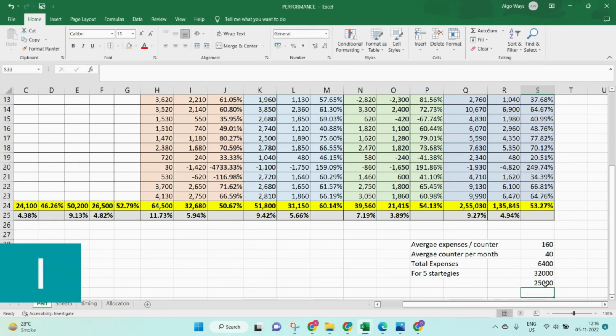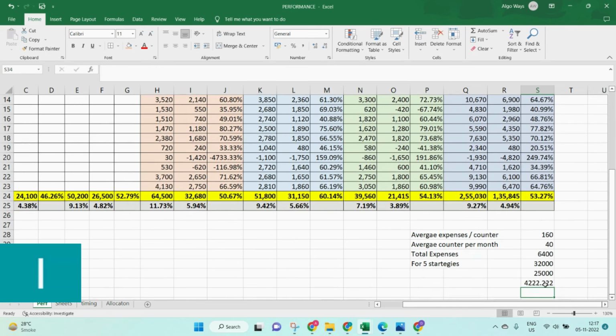In my personal deployment in October, for 9 deployments, the expenses have been around 38,000. So 38,000 divided by 9, around 4,200 rupees per deployment we are having as expenses instead of 6,400 in practice.